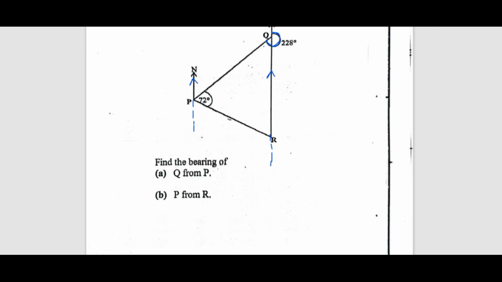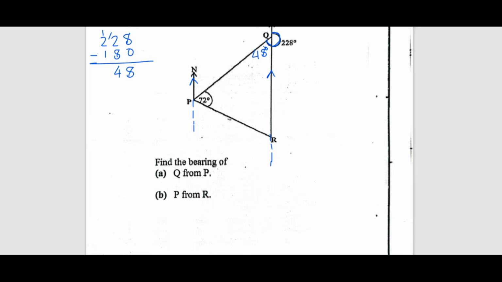So if we subtract 228 from 180, we have this inside angle. So this will be 228 subtract 180. 8 minus 0 is just 8. 2 minus 8 is impossible, so we borrow 1. We have 12 minus 8, we have 4. Then 1 minus 1 is 0, so here we have 48 degrees.